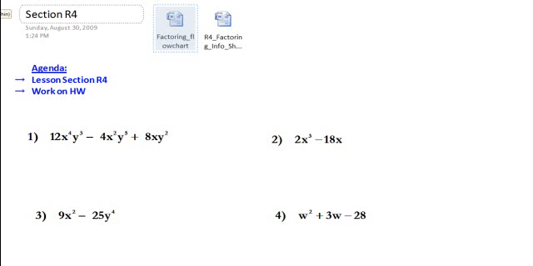For our constants, we can factor out a 4. X's, at most we can factor out 1x. Our y's, we can factor out 2 of them. Okay, now in parentheses, write down what remains: 3x cubed y minus x y cubed plus 2.